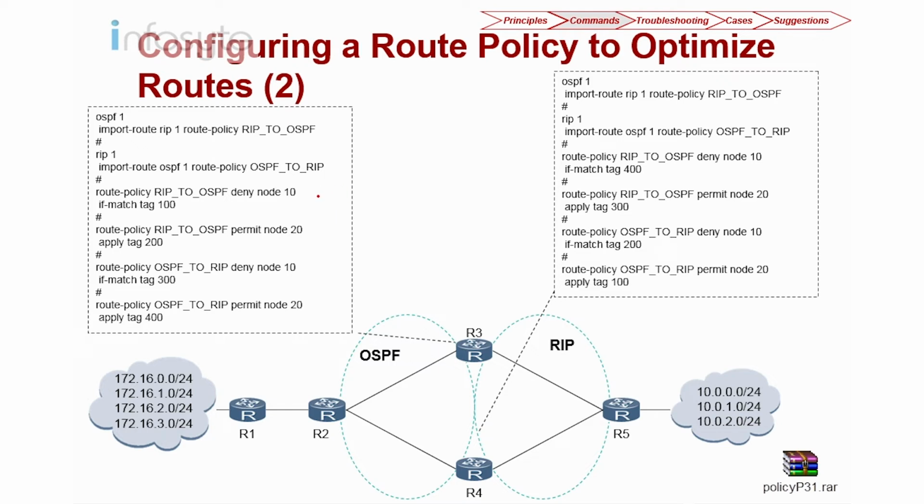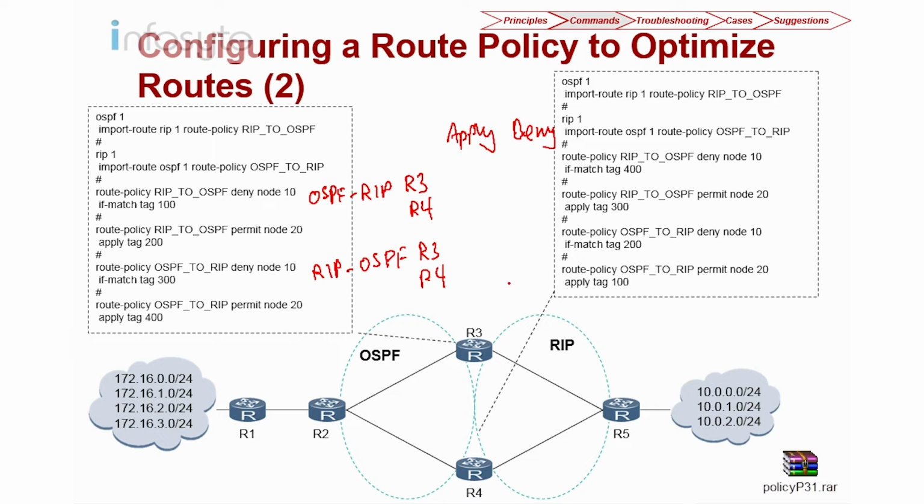Firstly, we have the OSPF to RIP, and we also have RIP to OSPF. We have two routers here, R3 and R4, and for both of these we have the apply and we also have a deny tag. Now let's look into how we can solve this puzzle.